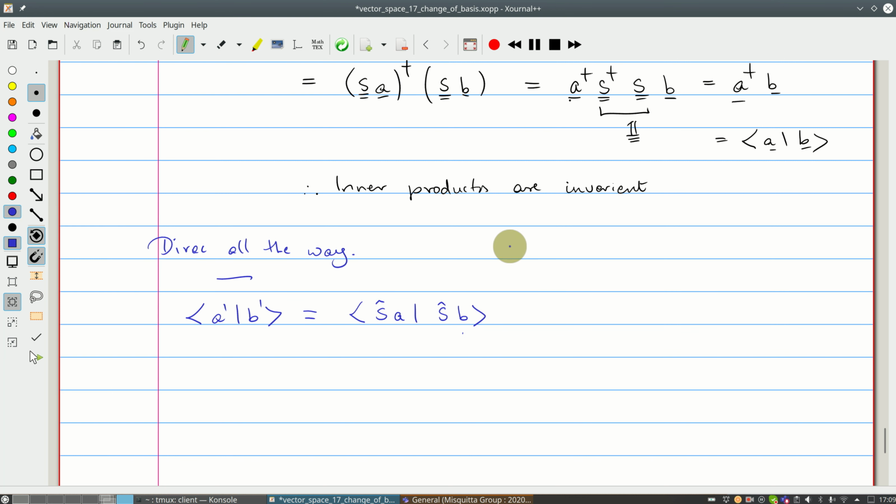Now the Dirac form lets us move the operators from the bra side to the ket side, but there's a rule. If you have an operator A on the bra side, then you can move it to the ket side and it becomes its adjoint.